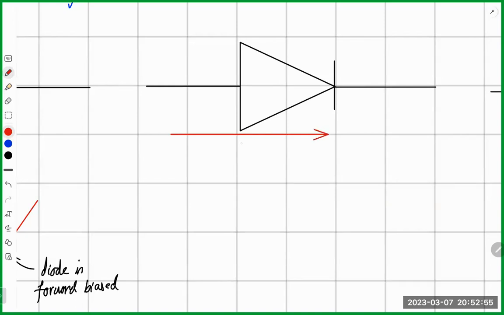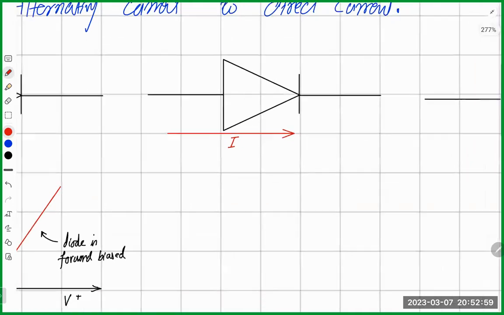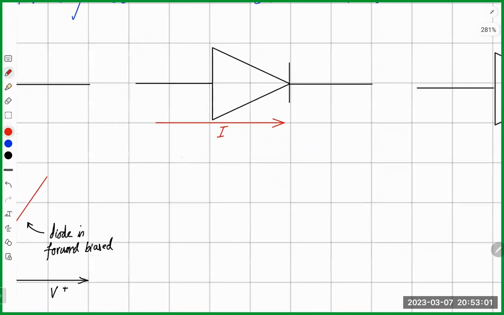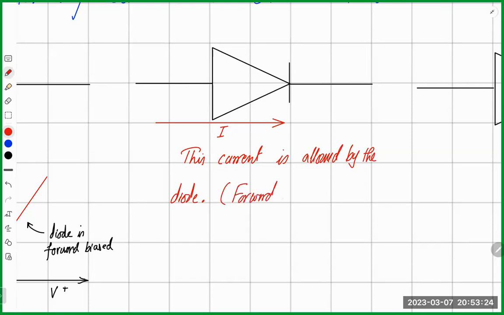Do you think the direction of current agrees with the direction of the diode? Yes, it does. So this current is allowed by the diode. So it is forward biased.